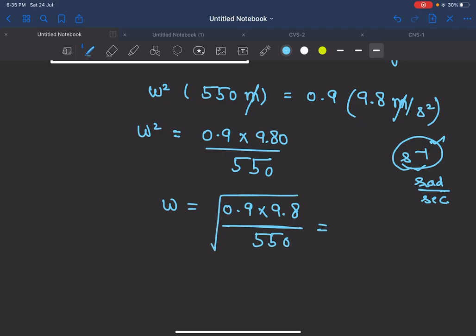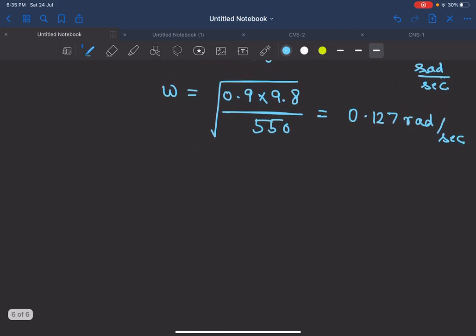And now we get omega with a very simple calculation. Omega is 0.127 radians per second.